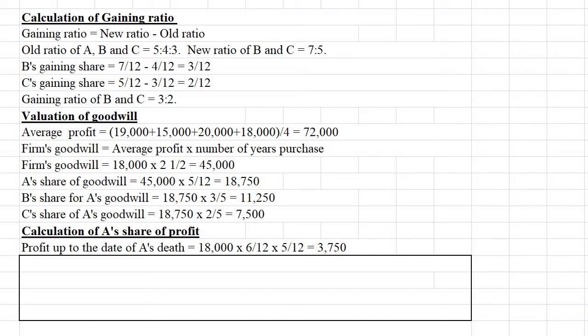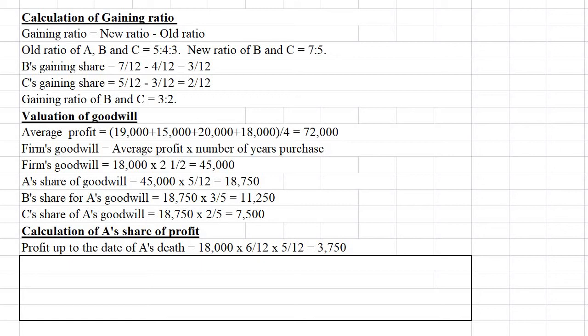But if there is any change in the ratio among the continuing partners, then we have to divide this amount among the gaining partners in their gaining ratio. That is the difference here.